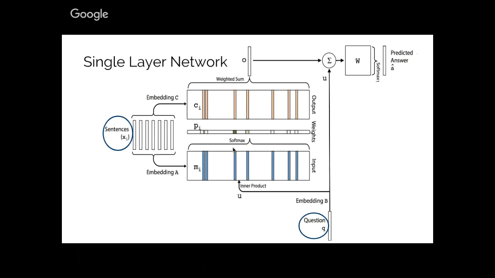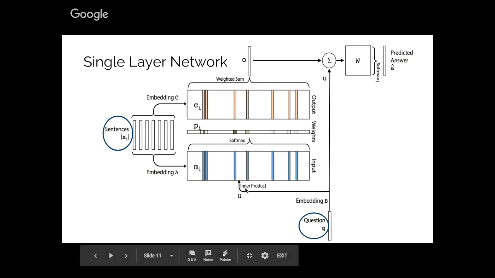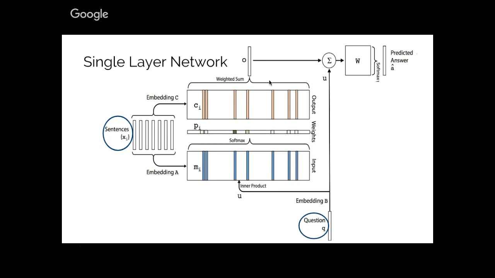After the softmax and the weighted average, it gives you the weighted sum of each particular sentence embedding from the inner product with the question. Then we have this whole weighted sum that came out of it.